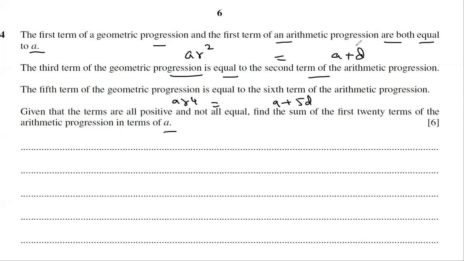In the end, it says that the fifth term is equal to the sixth term. Given that the terms are all positive and not all are equal, find the sum of the first 20 terms of the arithmetic progression in terms of A. So when it says in terms of A, it means that we have to eliminate the other variables and leave it with the A part, right? So A would remain.